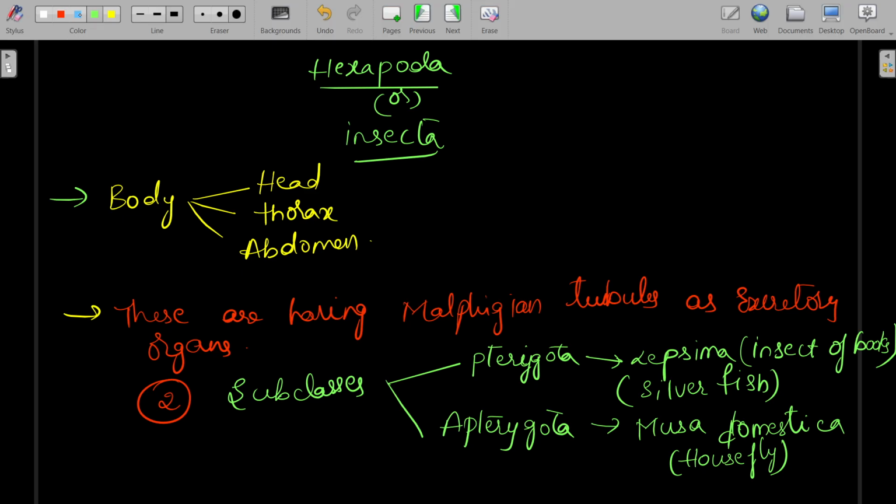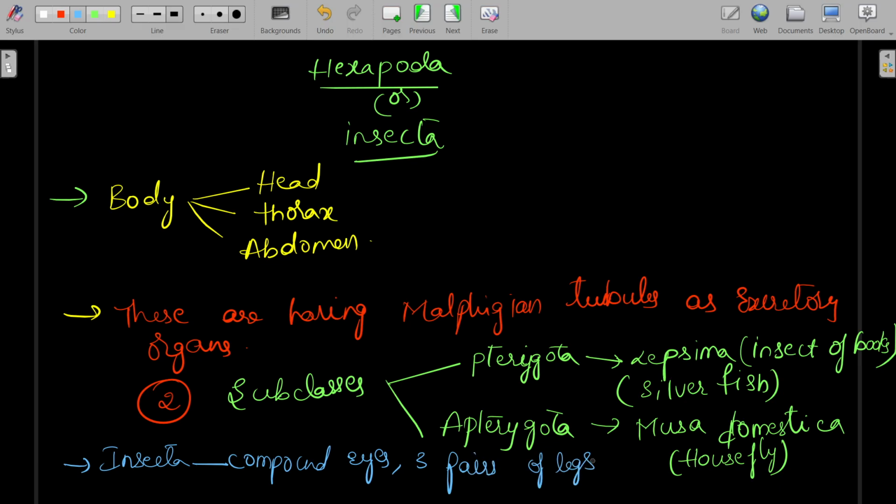And this insecta have compound eyes and three pairs of legs.